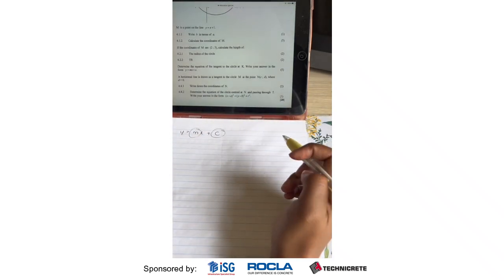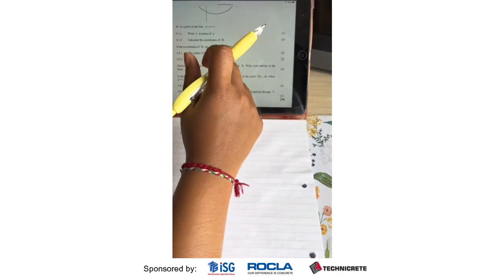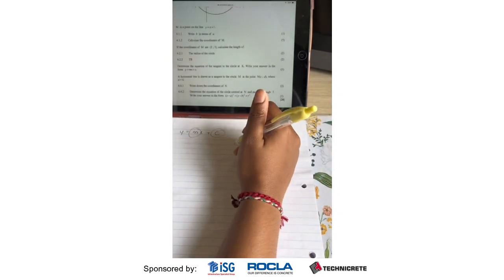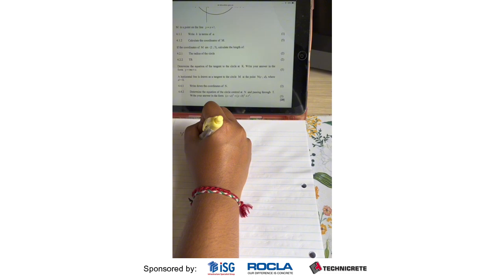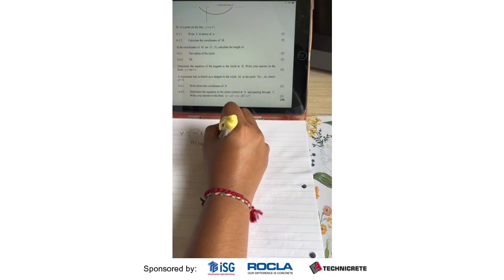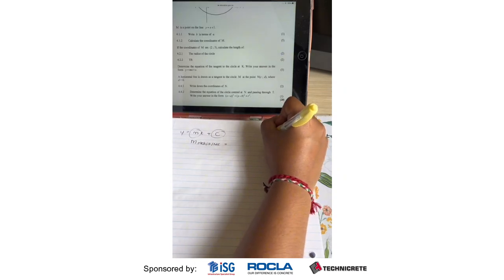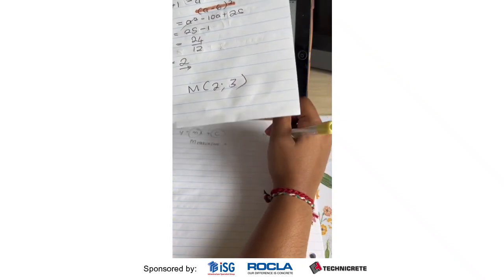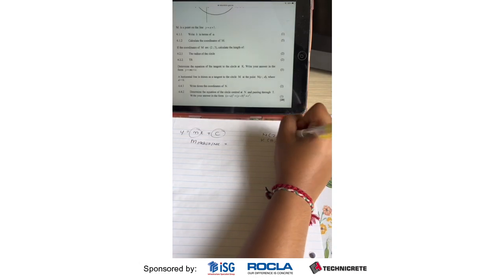So we can find the gradient using the values of m and k. So we're going to find the gradient of m from the radius, using the values of m and k. So m is what we calculated to be (2, 3), and k is (5, 7).